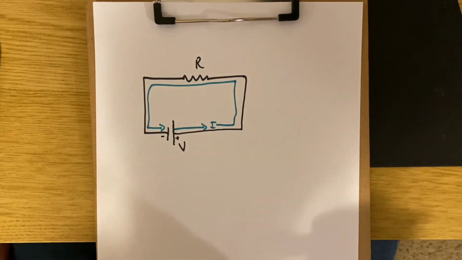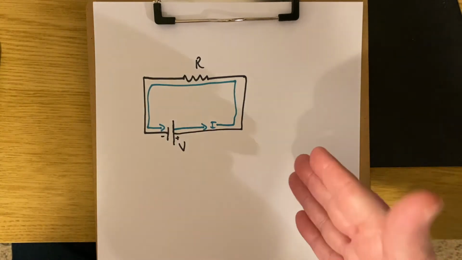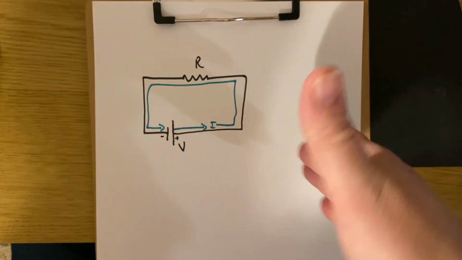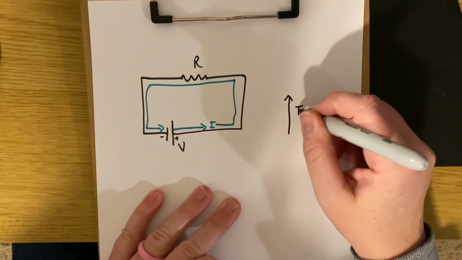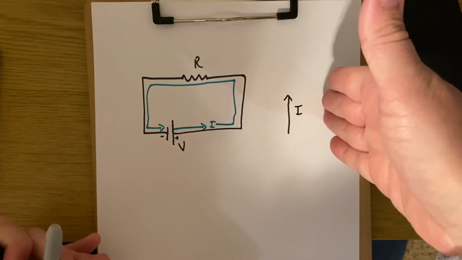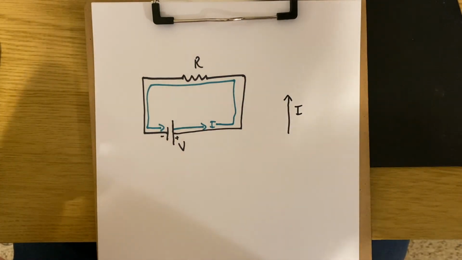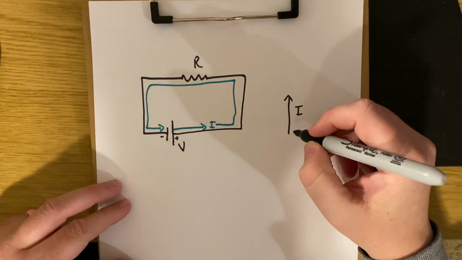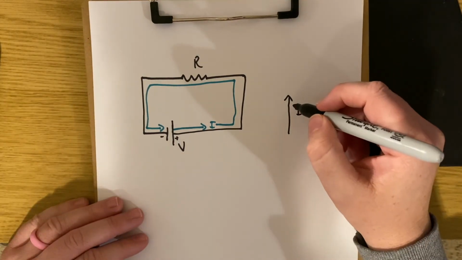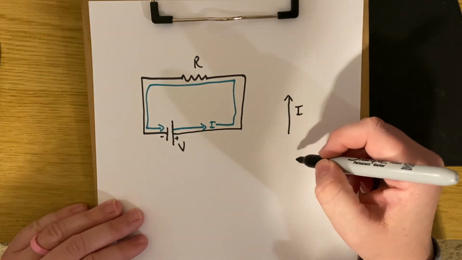Now, for a lot of things that we do with the right-hand rule, when we're talking about magnetic field, current, and force, we talk about putting our thumb in the direction of the current. If the current is going up the page, we would put our thumb in the direction of that current going up the page. Well, that is assuming that we also know that our electrons are flowing opposite that.